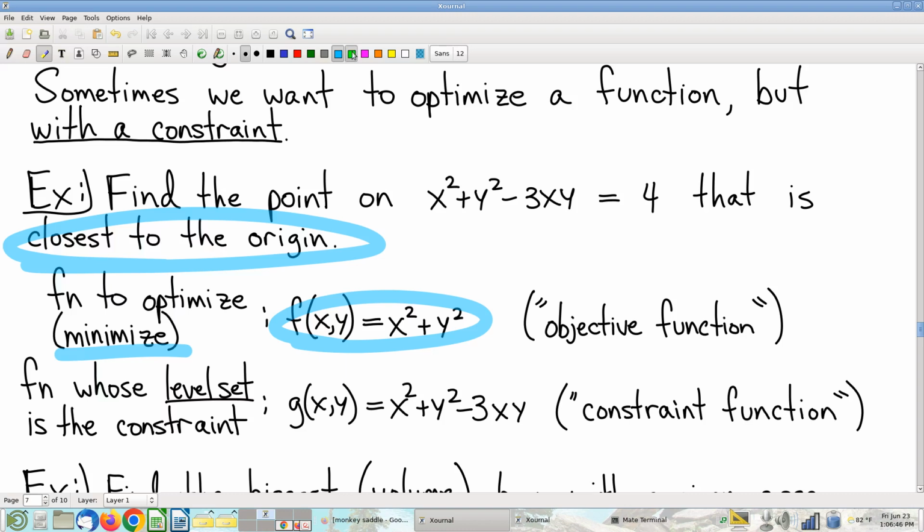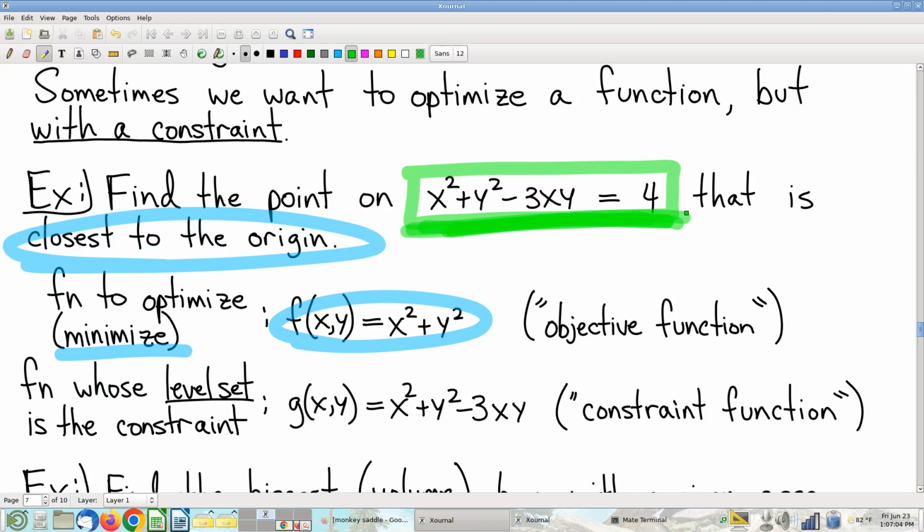We're not allowed to just entertain any point where f is defined. This example asks, among points on this surface, among points satisfying this constraint equation, just among those, you're not allowed to look at any other points. Which of those points is closest to the origin? Right? And so we can't just say, just plug in x equals 0, y equals 0, because x equals 0, y equals 0 doesn't satisfy the constraint. Does everybody see the stickiness on this?